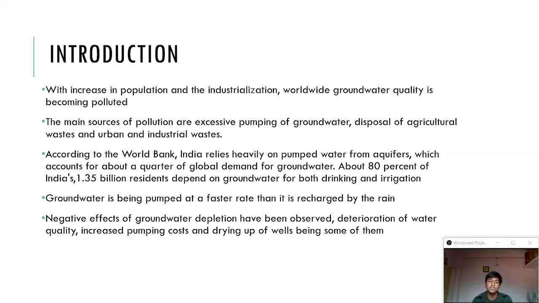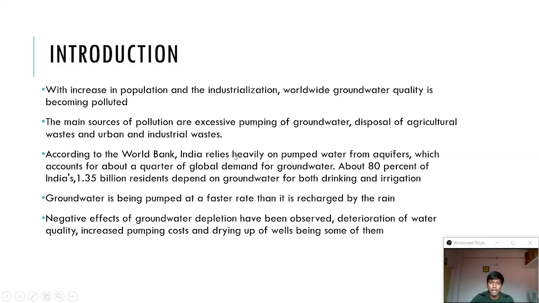And urban and industrial waste refers to factory waste like toxic waste from plastic factories, and other waste from urban households that is flushed down the drain, which infects the groundwater reservoirs.